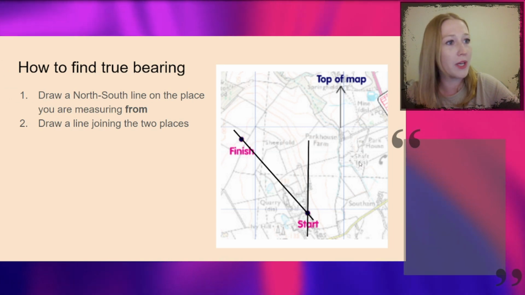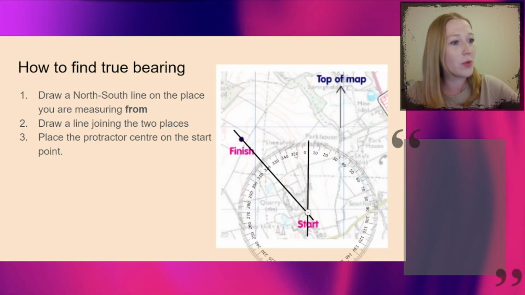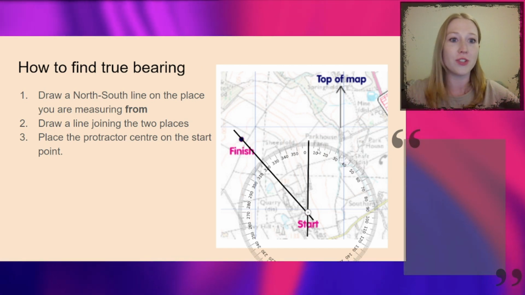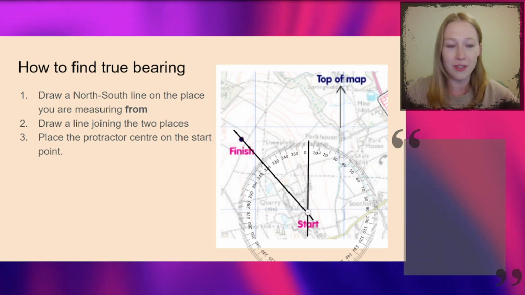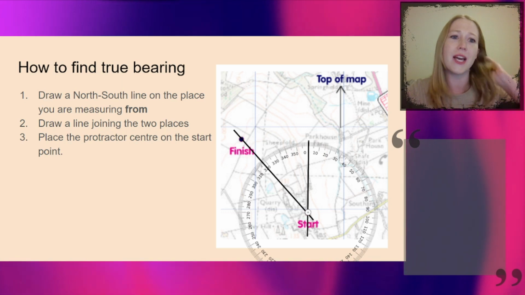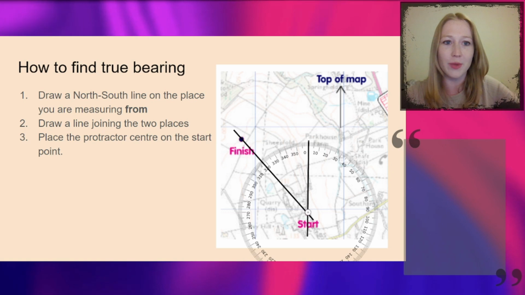I'm going to start by using a 360 protractor. This one is one of those round ones that goes all the way around. I always recommend students, if they can get hold of these, use it. I know that most students have those 180-degree protractors. I'll show you how to use that one as well.